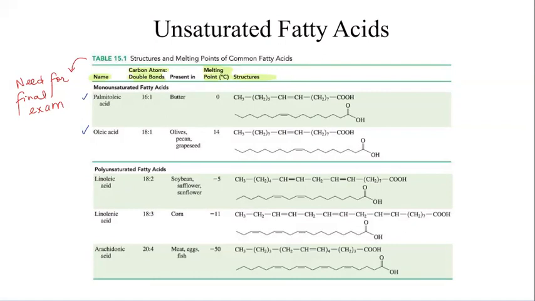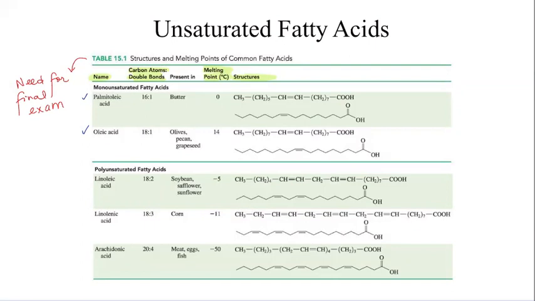Notice that even though before it was illustrated that it's between 12 and 18, we actually have fatty acids that have more than 20 carbons. We have 20, 22, 24, so on and so forth. It's just that in the book, there's a selected number given to you.